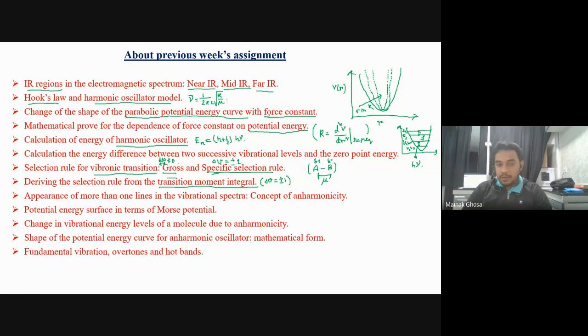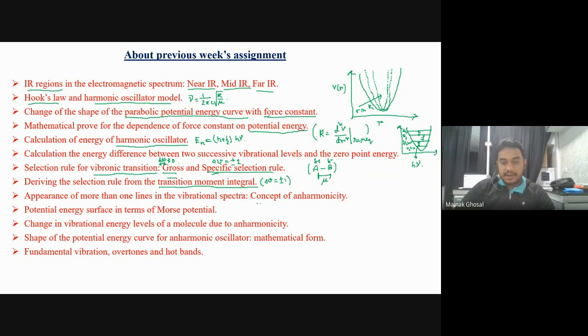Then it was shown that if the harmonic oscillator model is correct, but in reality things are not the same, right? Because it is an approximate model.